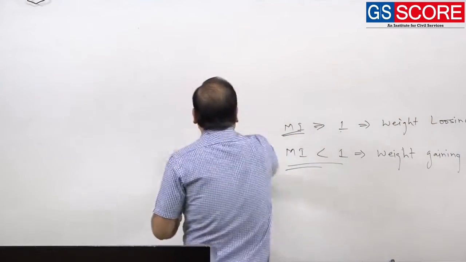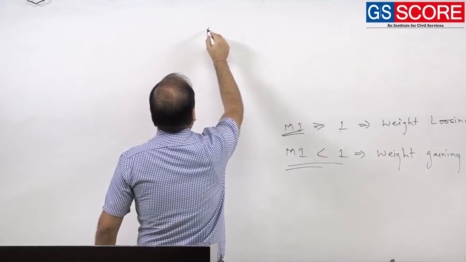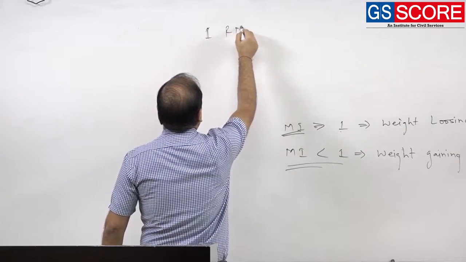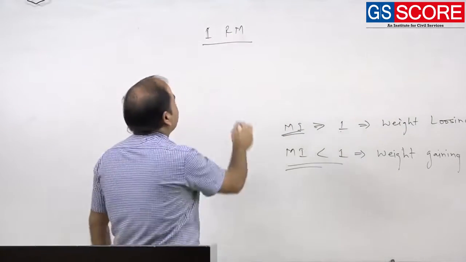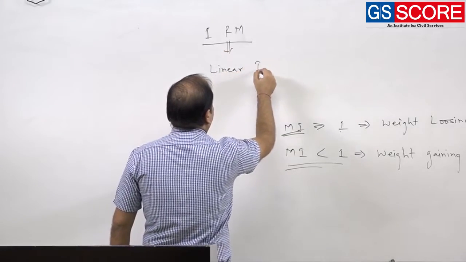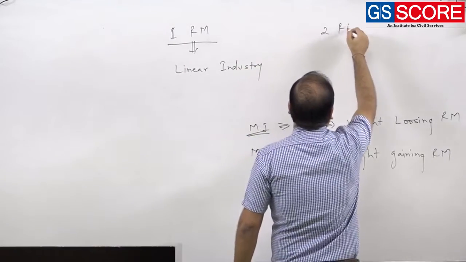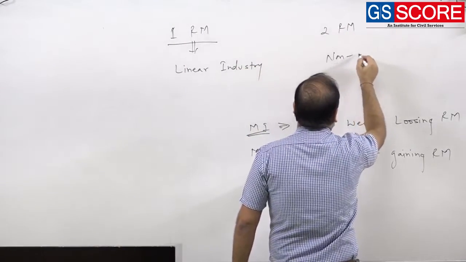For that, he again simplified. He simplified that the industry where there will be only one raw material, he called a linear industry, and two raw materials, a non-linear industry.